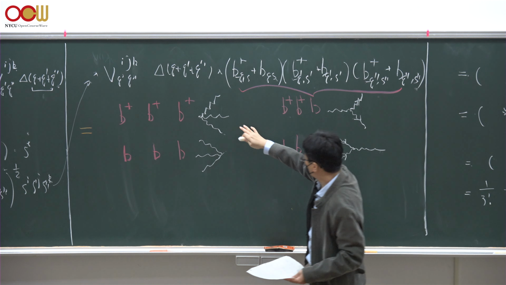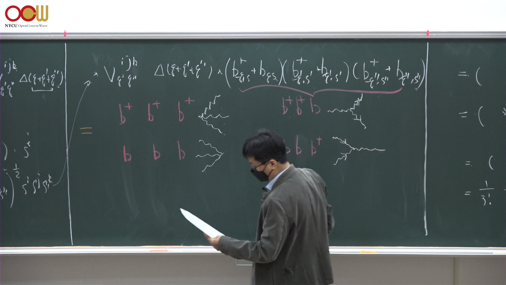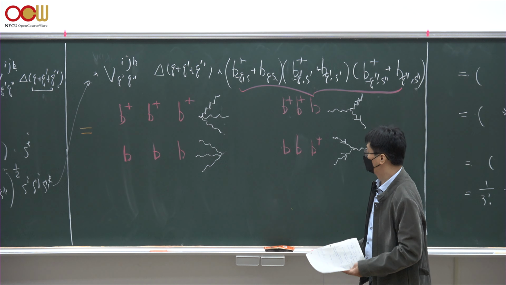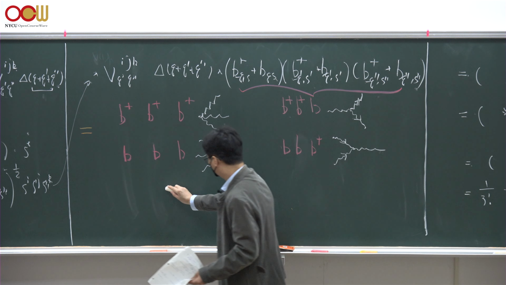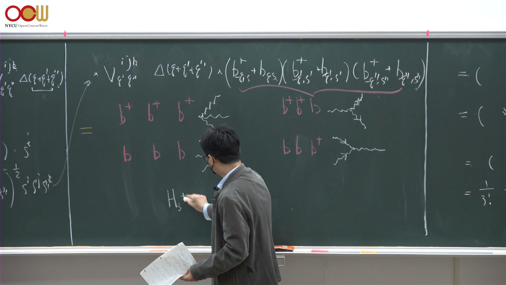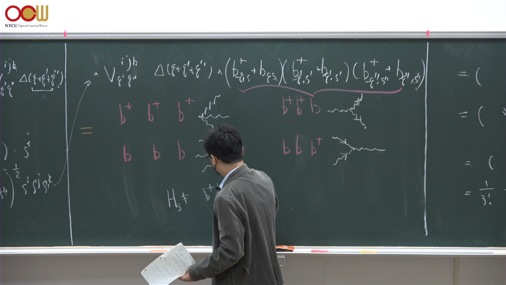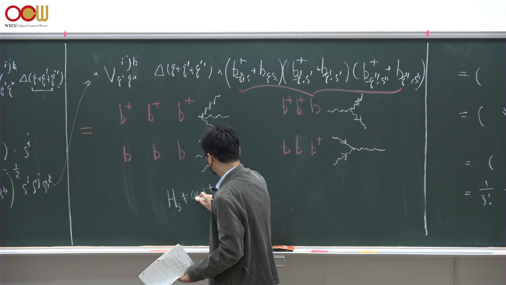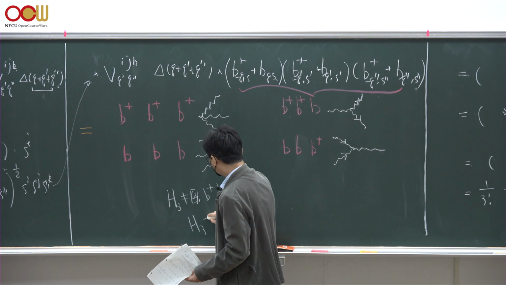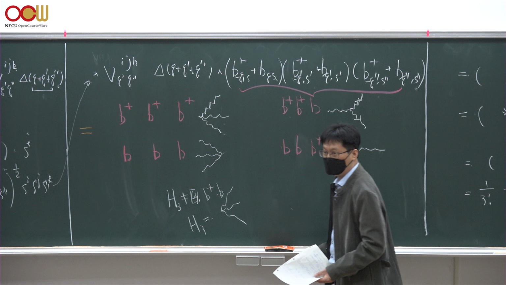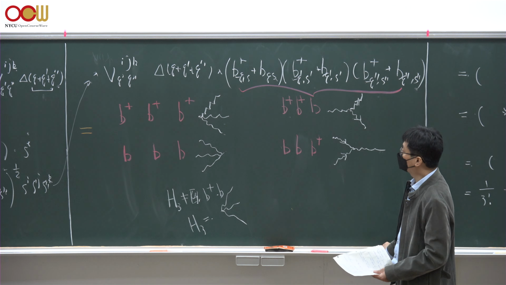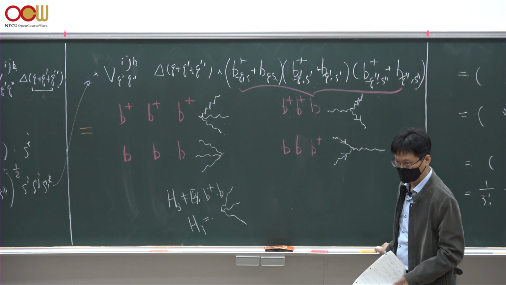All these four different processes are, in general, the phonon-phonon interactions, because your Hamiltonian H3 is no longer this quadratic form, B dagger B, with the energy. Instead, this H3 is all these complicated phonon-phonon interactions where those terms involve three phonon operators.